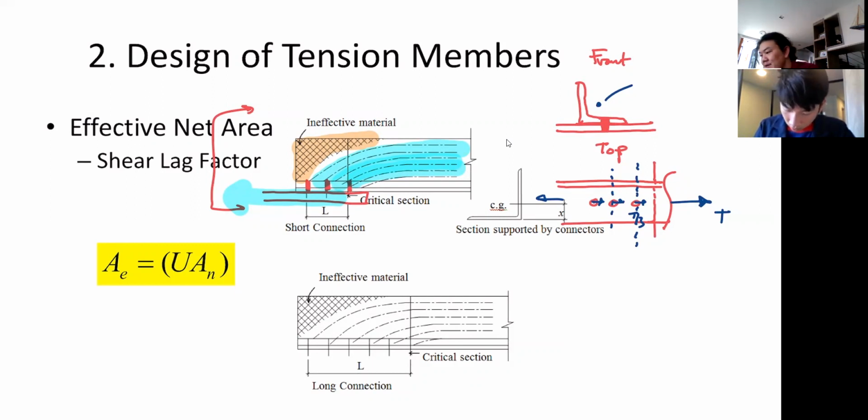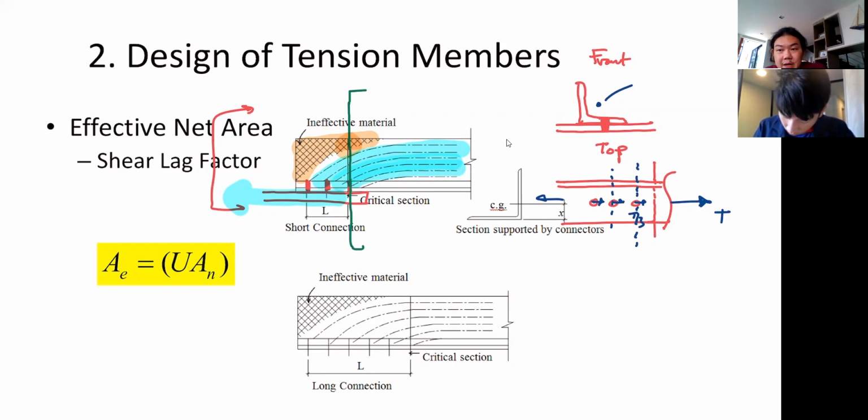Let's hope so. Okay. So you can see now that if we look at this critical section at the first bolt, you see that this area is the area where the force doesn't want to go. So it doesn't carry any load.